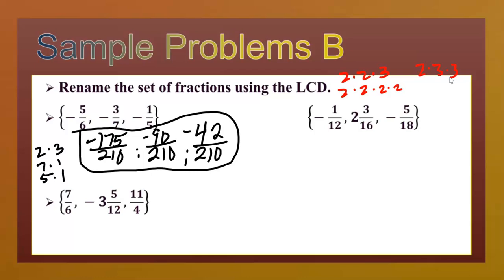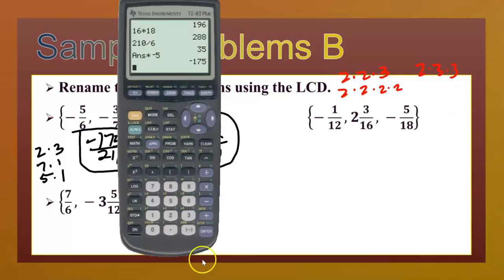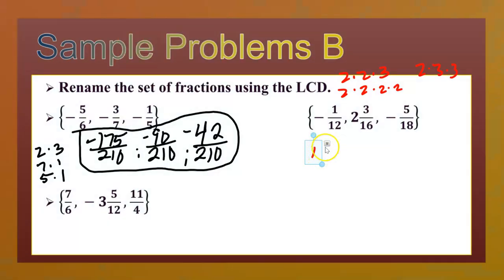So we have four 2's, so that's 16, times two 3's, which is 9, so 16 times 9. I think that's 225. Or no, not 225, 144. So we have 144 for all of our fractions.